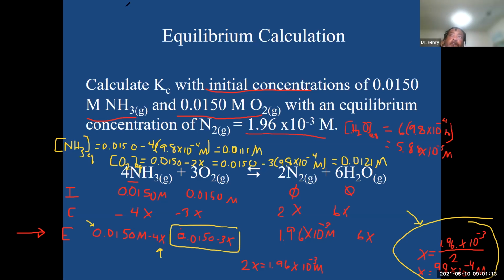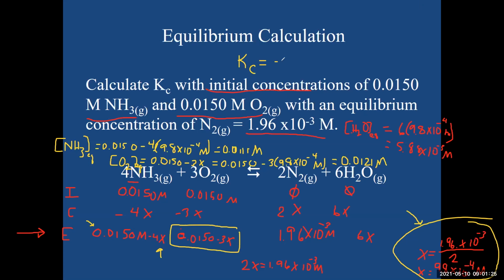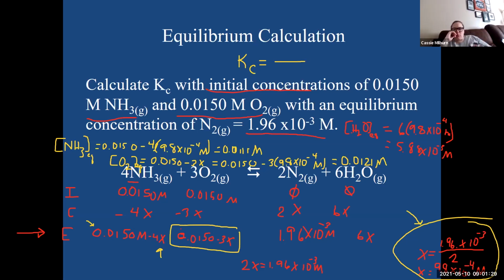Okay, so now how do I calculate the equilibrium constant, Kc? Cassie, you would do your products over the reactants, sorry, reactants.